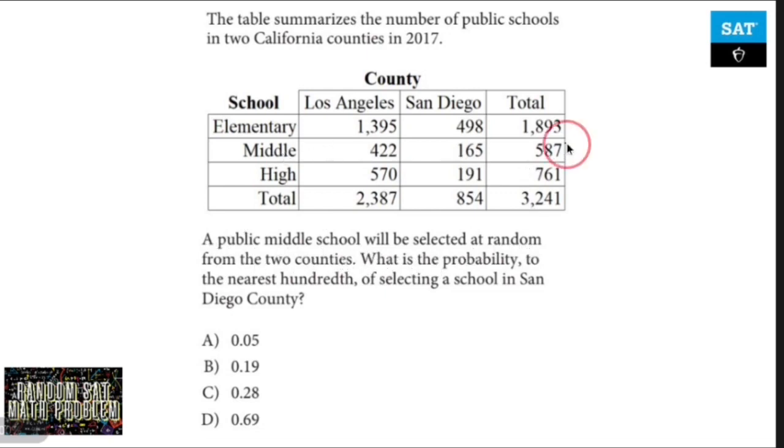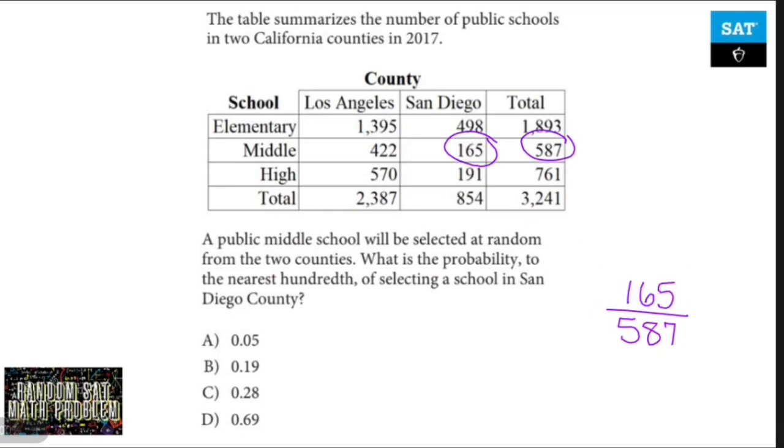What is the probability to the nearest hundredth of selecting a school in San Diego County? So what the question is asking is, if I pick out of a pool of 287 middle schools, how likely is it that I pick one from San Diego?